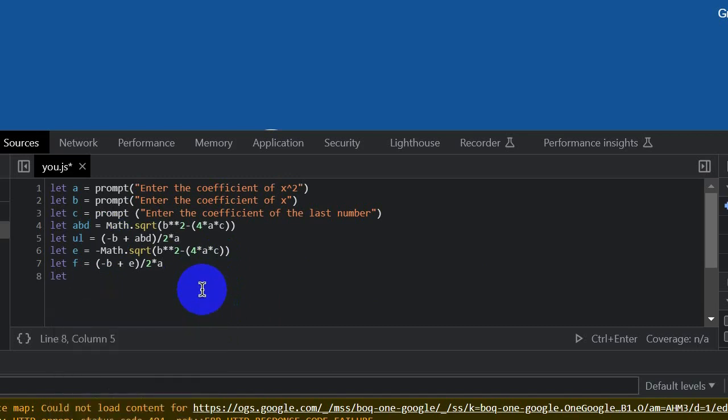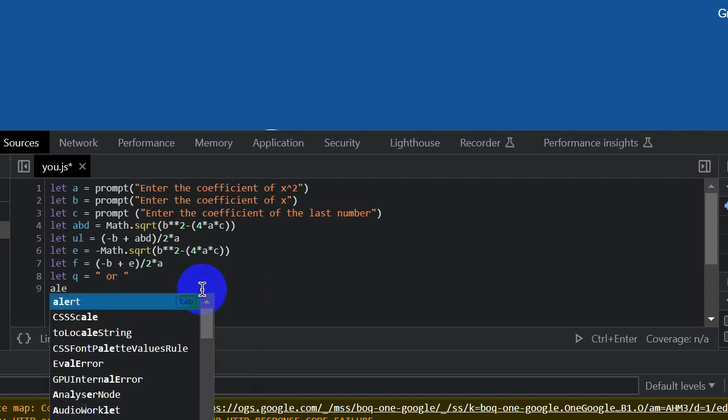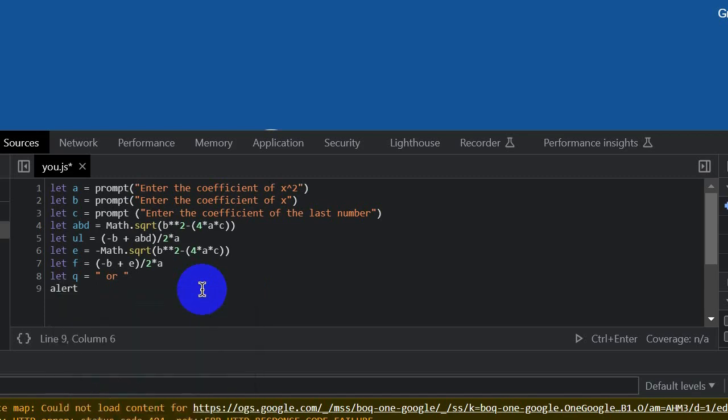Since I've just copied that, all you have to do next is, let me just use a letter. Let q is equals to, or so alert. We're going to now pick everything together. Everything that I've done, let's pick it together.